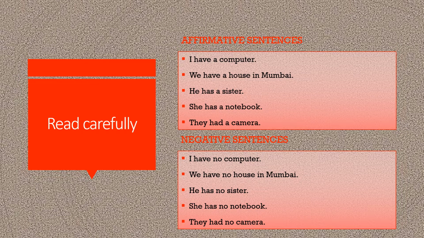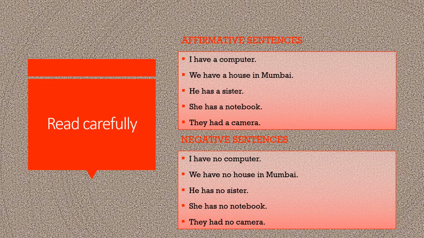Now we will read these type of sentences which show possession. First we will read affirmative sentences, then these sentences will be converted into negative sentences.